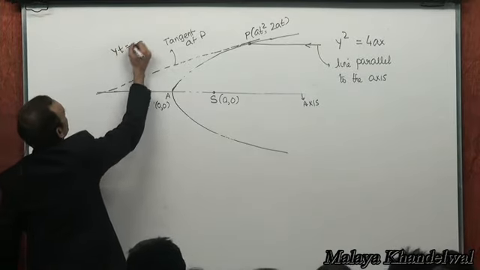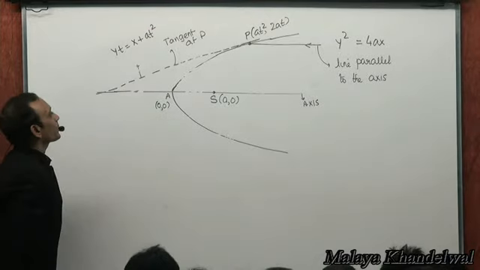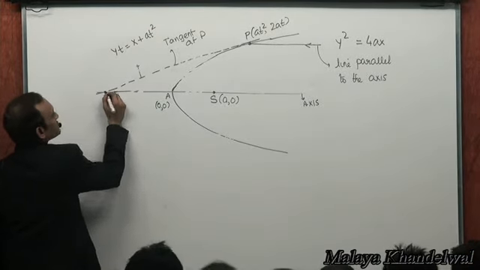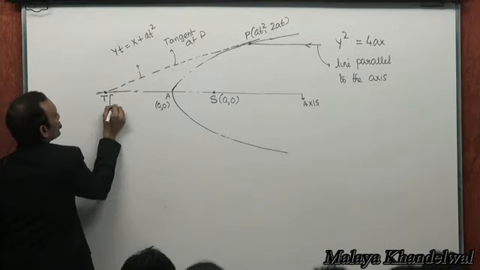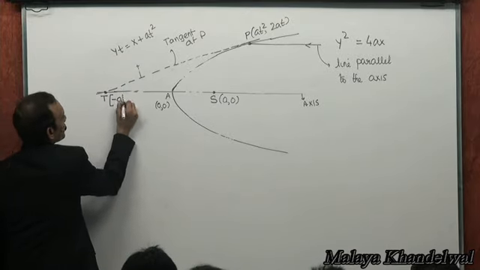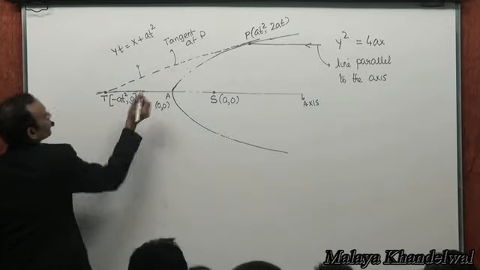It is yt = x + at squared. Right? And it intersects the axis at T. That means put y equal to 0, then the coordinates of T would be (minus at squared, 0). Right?